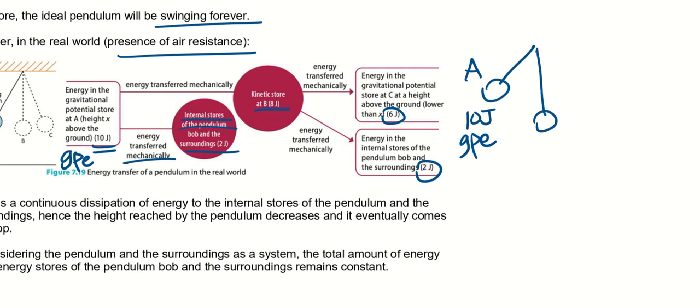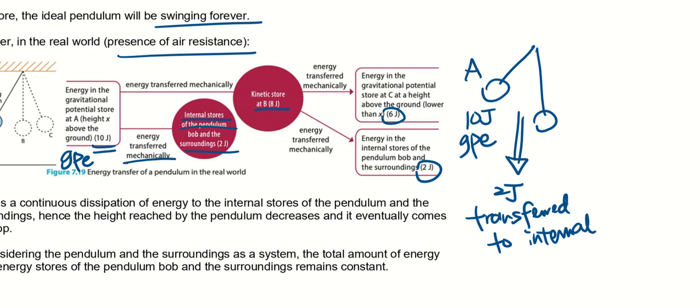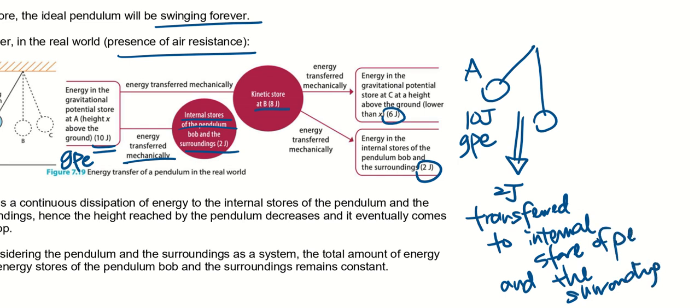Then as it swings to B, 2 joules will be transferred to the energy in the internal store of the pendulum and the surrounding. That means I have 10 minus 2 joules, I have 8 joules transferred to the kinetic energy store.